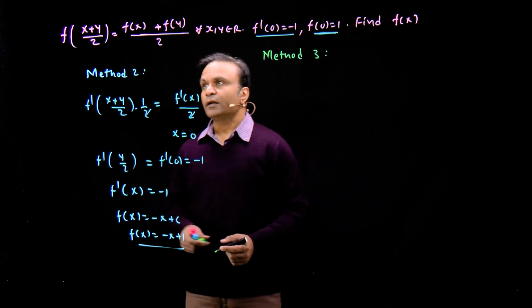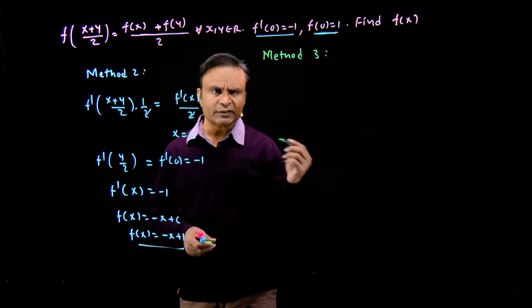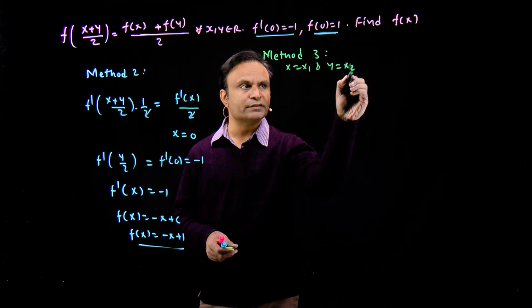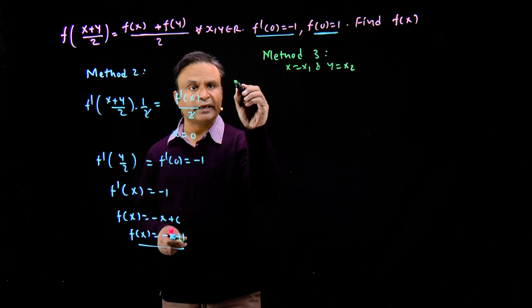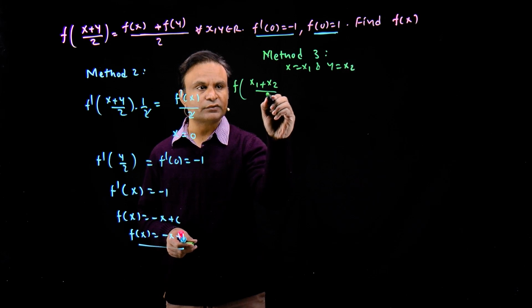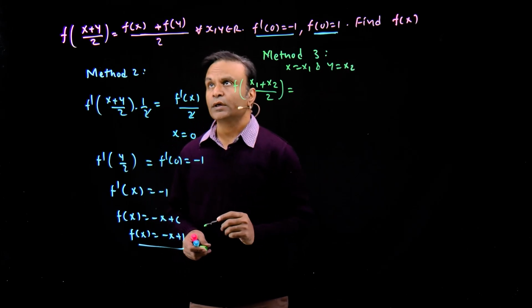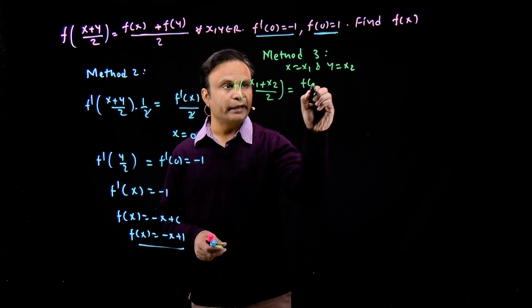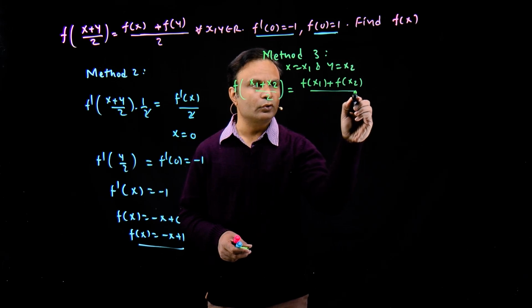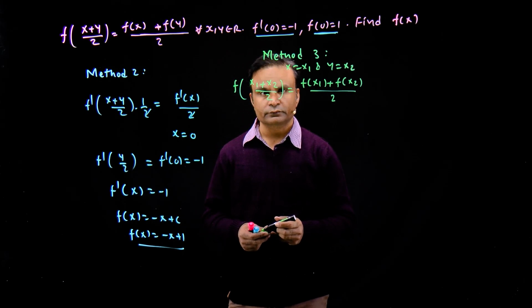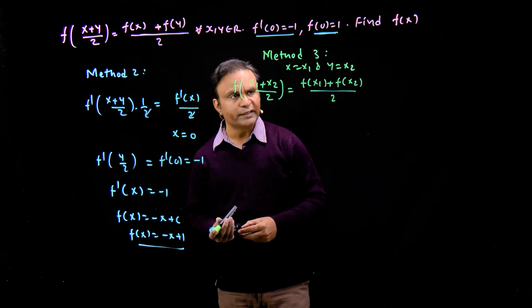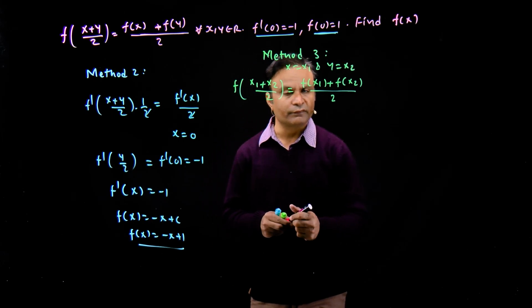Okay, now in this relation let's put x is equal to x1 and y is equal to x2. So we have f of x1 plus x2 upon 2 equal to f of x1 plus f of x2 upon 2. Okay, now let's draw graph of function y is equal to fx.